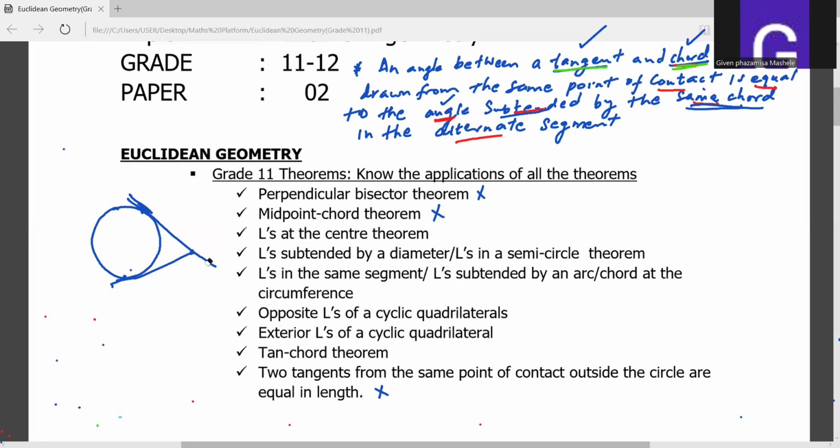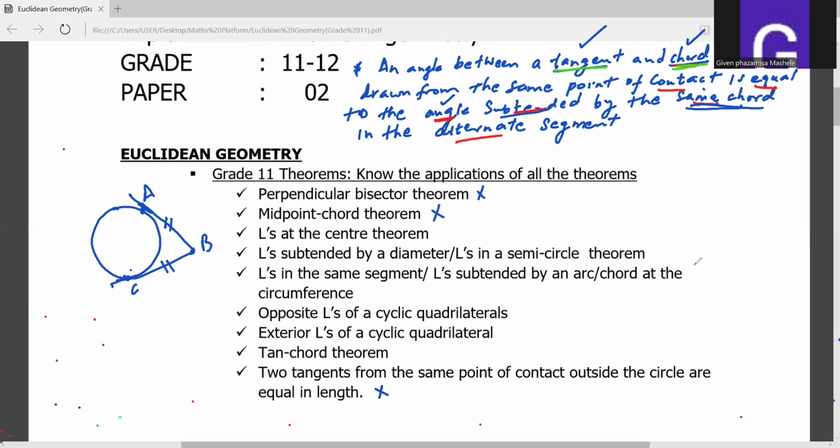That is according to this theorem. Let's say this is A, this is B, this is C. As long as they're drawn from the same point of contact, from A to B is the same as from B to C. It means we use this theorem when we have two tangents drawn from the same point of contact outside the circle, equal in length.